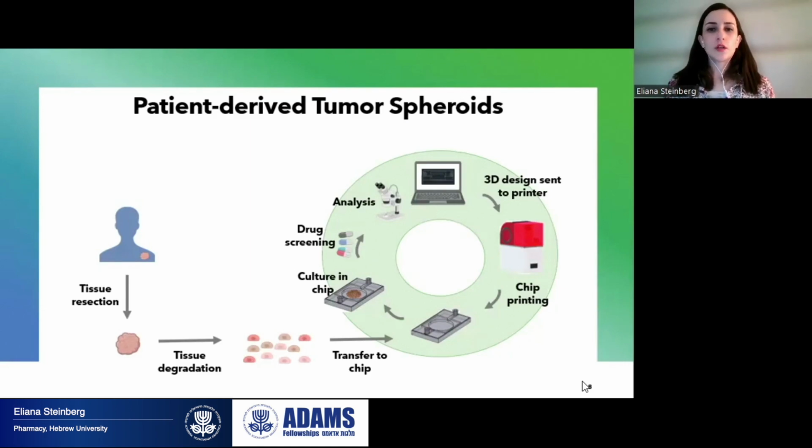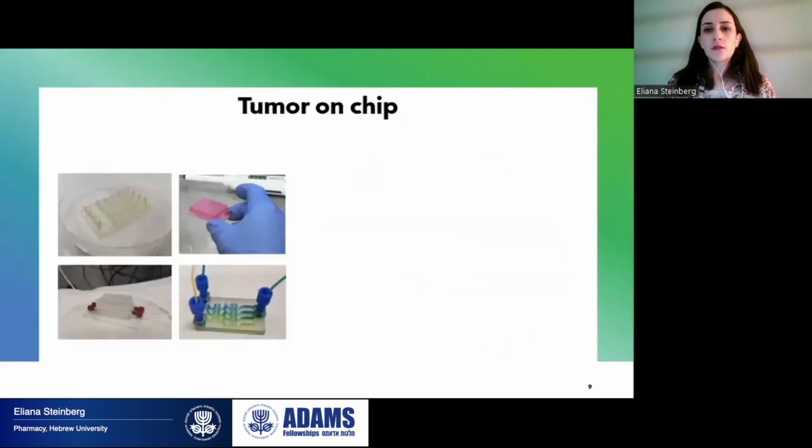The patient-derived spheres are grown in the microfluidic chips for several days while different drugs are tested on them and the results are analyzed. Here we can see a few examples of chips which are able to sustain spheroid growth for long periods of time under continuous flow and treatment with different drug gradients.